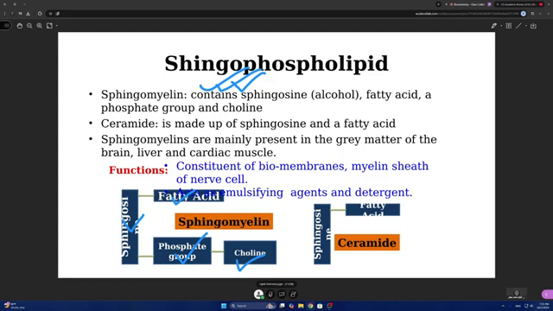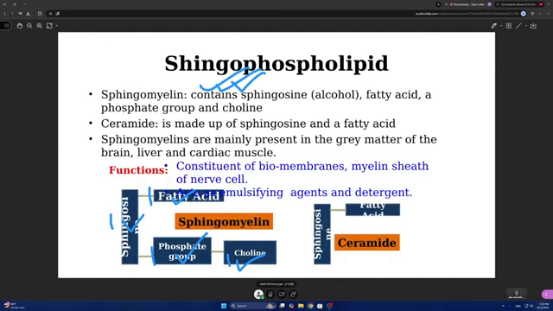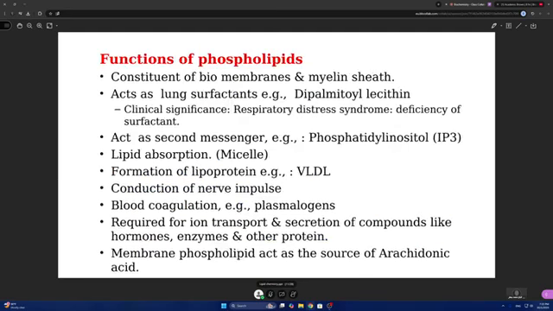You have to choose the best one. What is mentioned here? 1 sphingosine, 1 fatty acid, 1 phosphate group, and 1 choline. These 4 things must be there to choose it as the best answer. You got the point? And ceramide is just the fatty acid and the sphingosine only, without any phosphate and choline.